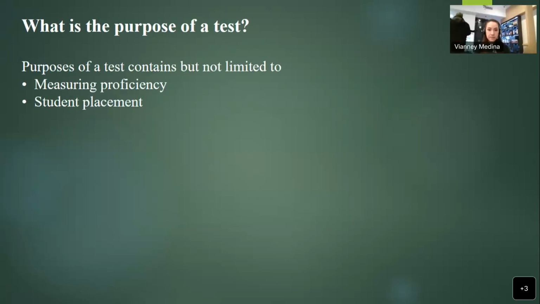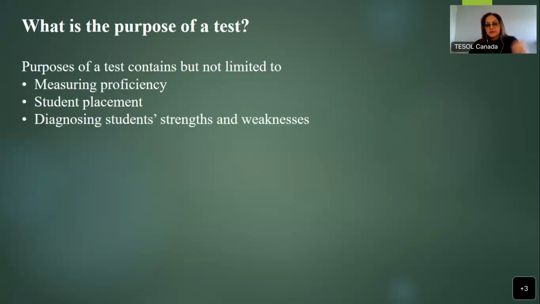When you want to put the students in different levels, you take placement tests. Proficiency test shows how well you know the language. So maybe they're at the elementary level or intermediate or advanced. And a diagnostic test, there's a diagnostic test for this course.